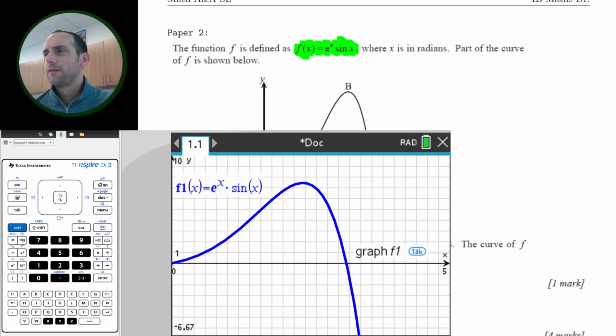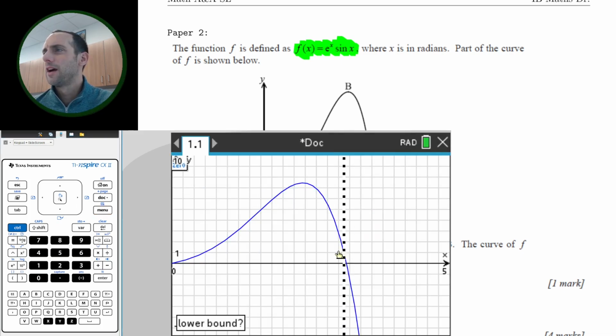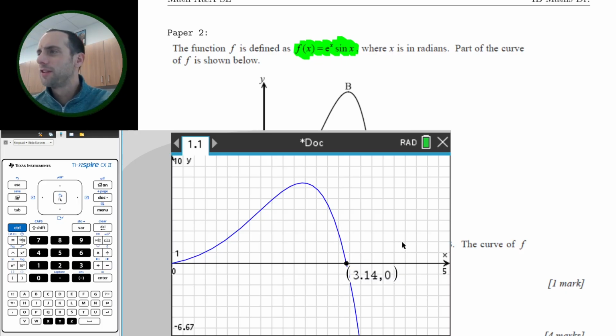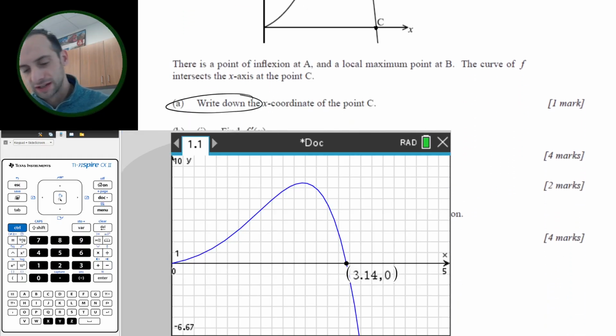We can find this value C, that's just the x-intercept, by simply going Menu, Analyze Graph, and it's called a zero. Okay? So this C value comes out to be 3.14, which is likely pi. We can just write down the decimal value, though, to get our 1 mark. X equals 3.14 right there.